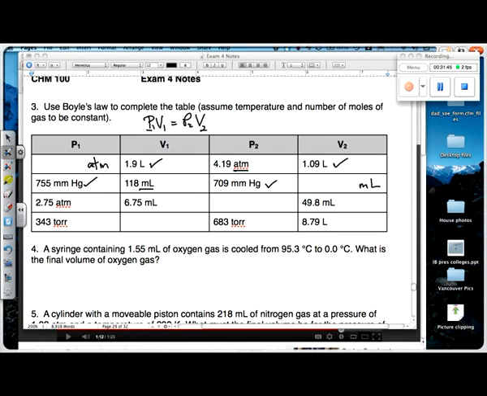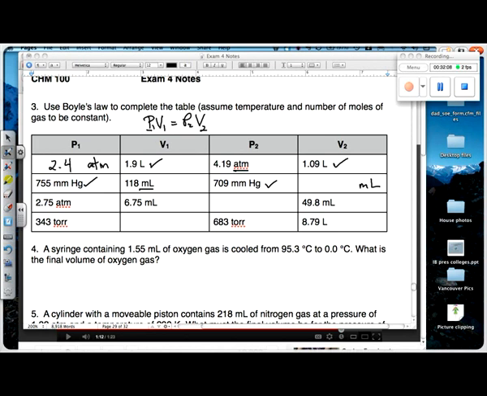All right. So for this first row, I'm going to take P2 times V2 and divide by V1. And I get 2.4 atmospheres.